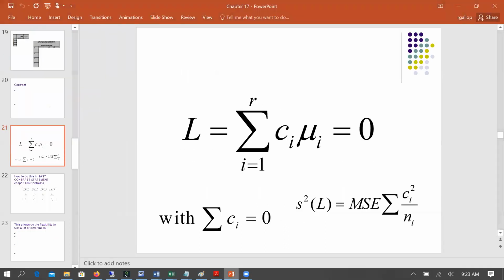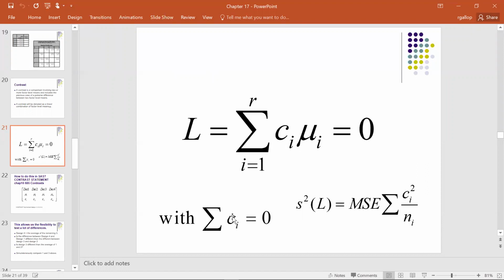Mathematically, we have the restriction that the coefficients sum to 0. That makes it a legitimate contrast. If the coefficients do not sum to 0, it is not a contrast. It may be a quantity that we're trying to estimate a value for, but it's not a formal contrast.